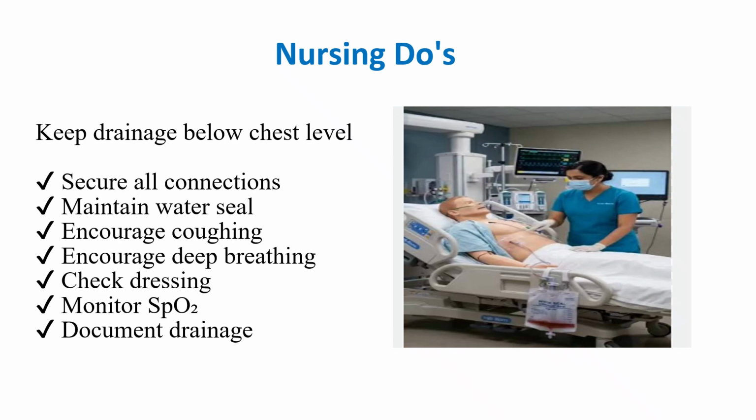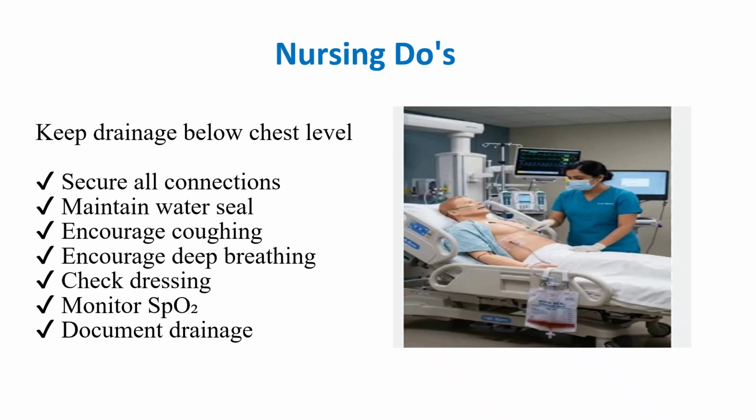What else? Here come some of the do's for nurses. What are the do's here? Secure all connections, very important. Though the ICD tube has been sutured, we have to secure all the lines. You should not give chances for the tube to get pulled out or kinked. So keep it in a secure manner. Maintain the water seal correctly.